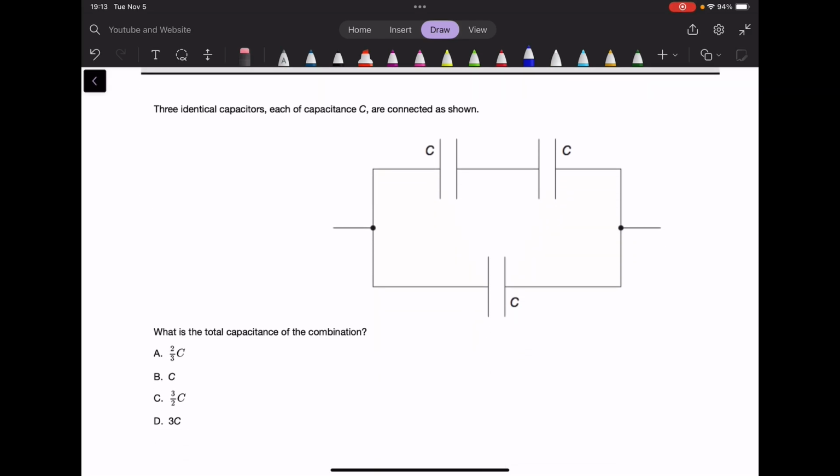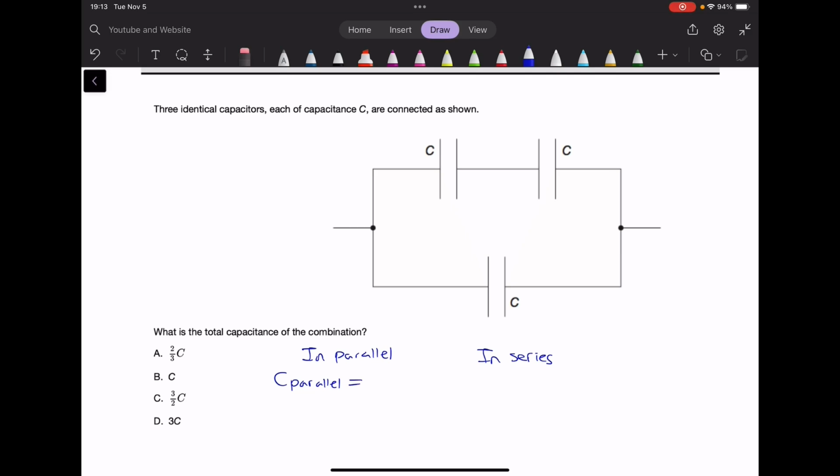Three identical capacitors, each of capacitance C, are connected as shown. What is the total capacitance of the combination? So there are two possibilities for capacitance combination. One is in parallel, and one is in series. When capacitors are connected in parallel, the total capacitance is equal to the sum of each individual capacitance.